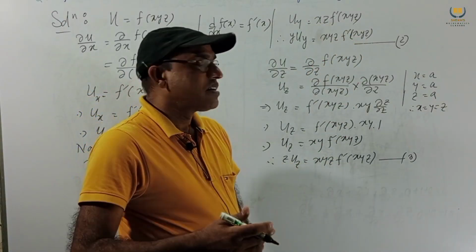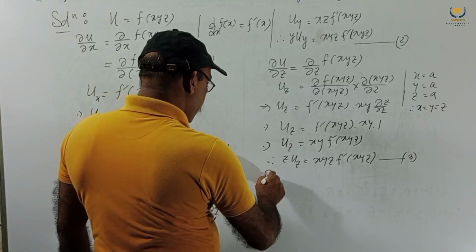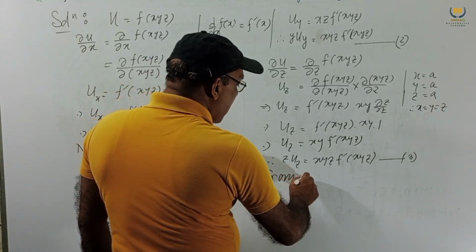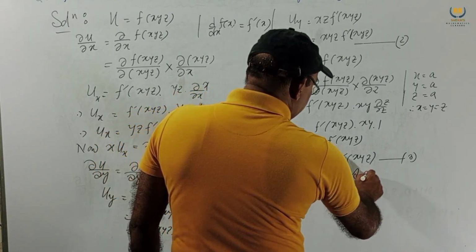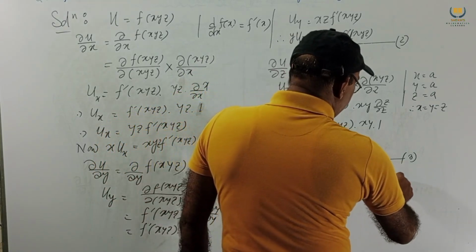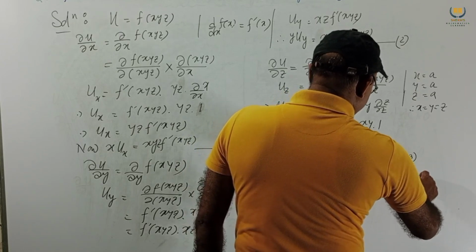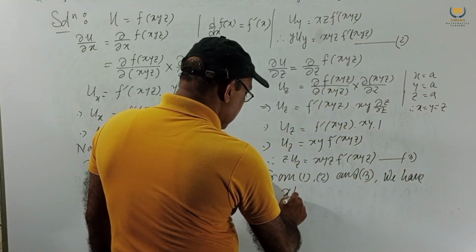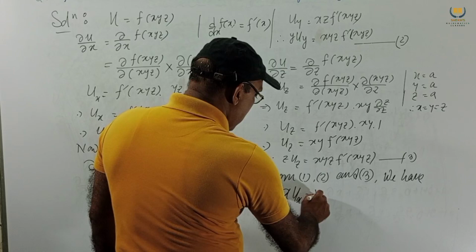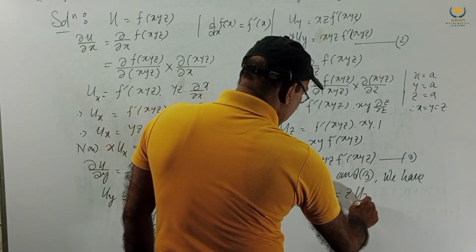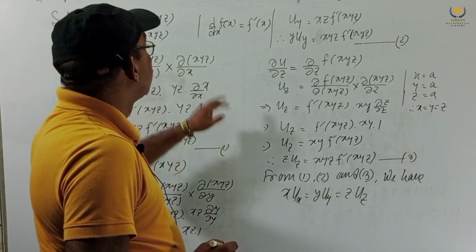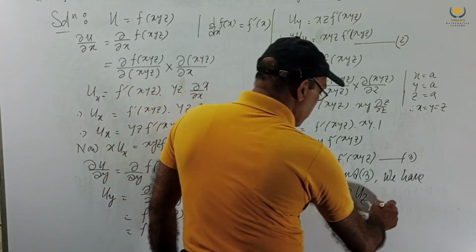The right side is the same. So from 1, 2 and 3 we have x ux, y uy, z uz, all of these are equal. So this is our proof.